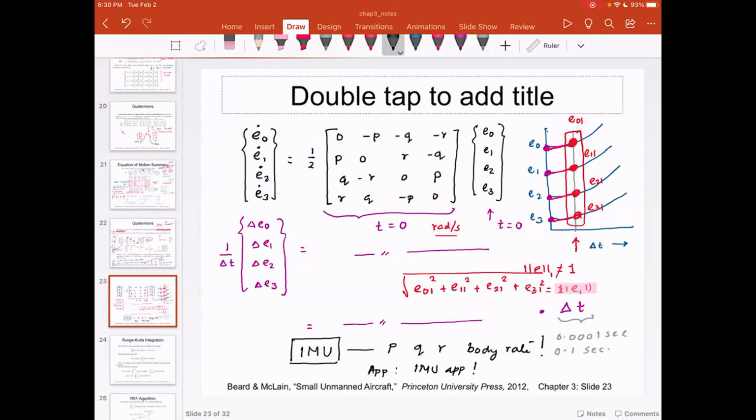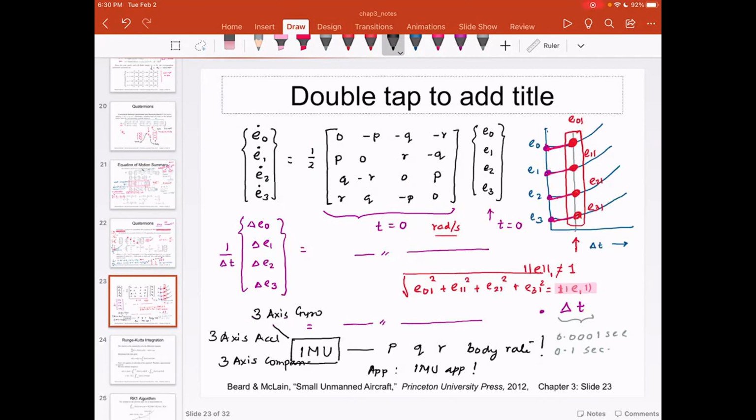So basically, your phone has an IMU which has a 3-axis gyroscope, 3-axis accelerometer, and 3-axis compass.